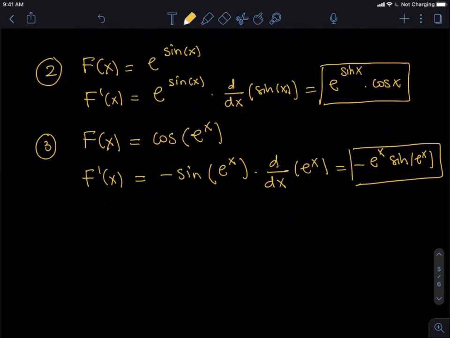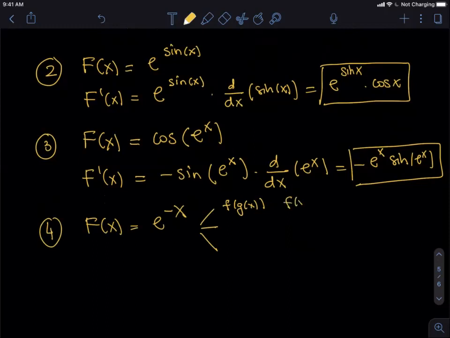More things we can do. Well, this one, the exponential of negative x, we can do in 3 ways. We can do it as a composition, where f is the exponential and g is negative x.